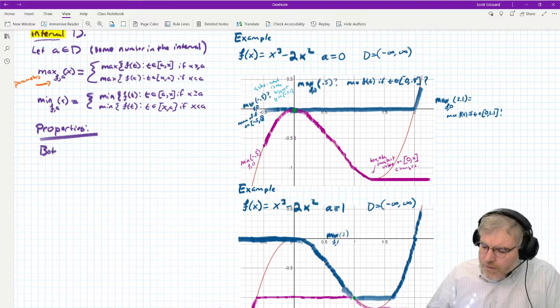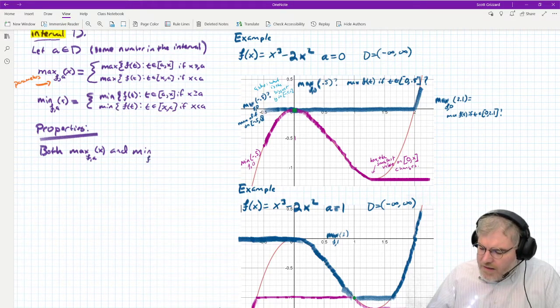Both max f_a(x) and min f_a(x) are well defined.